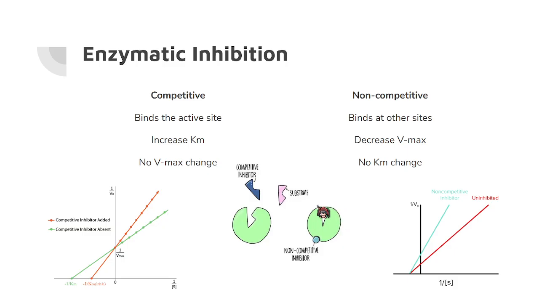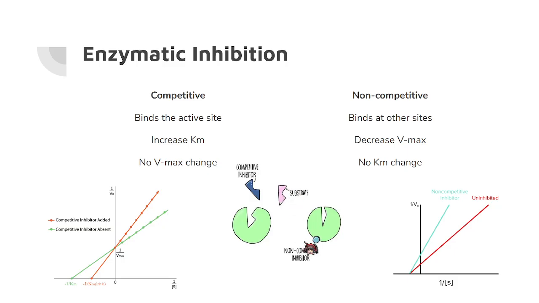Instead of binding towards the front where the active site is located, it is binding in some other places. And this will cause a conformational change in the enzyme where the substrate can now no longer bind to this enzyme to be catalyzed into products.